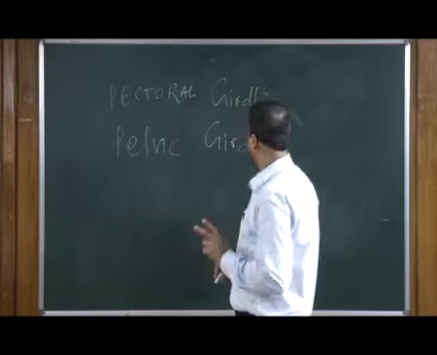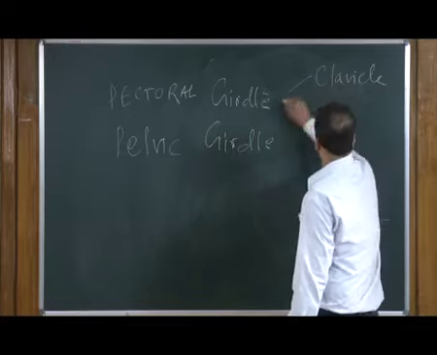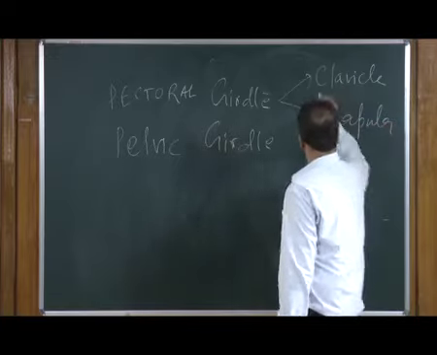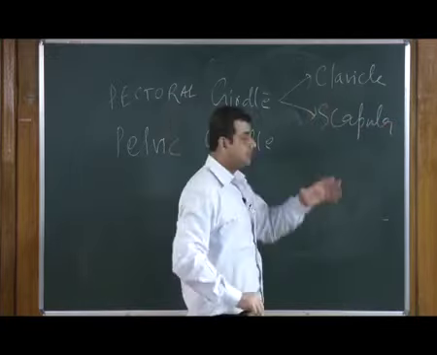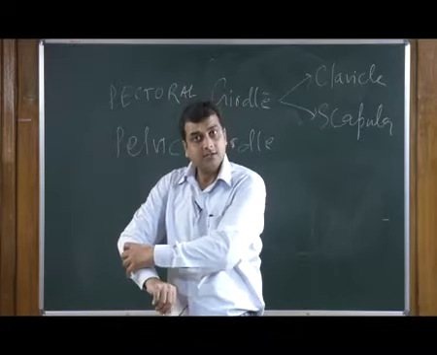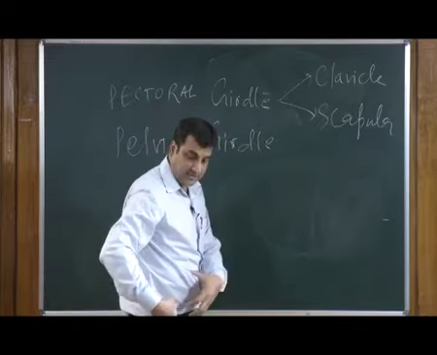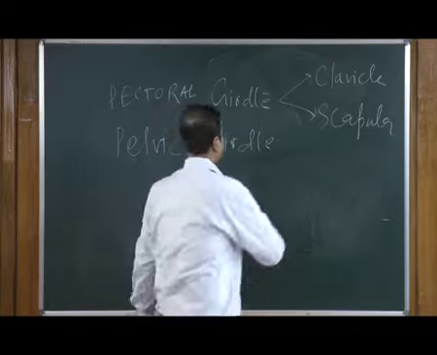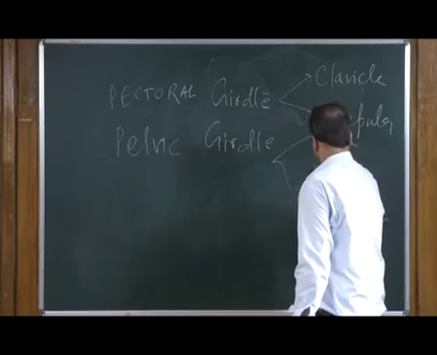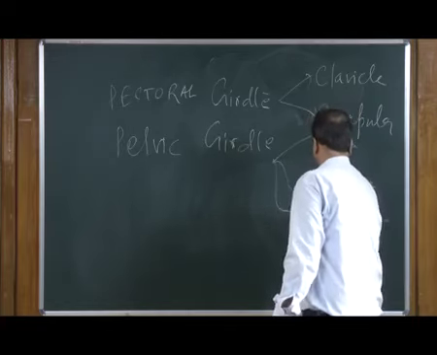One is called clavicle, and the second is called scapula. So clavicle and scapula are the 2 bones in the pectoral girdle giving attachment to this bony structure, the forearm, while the pelvic girdle, which is there in the hip region, has ilium, ischium and pubis.